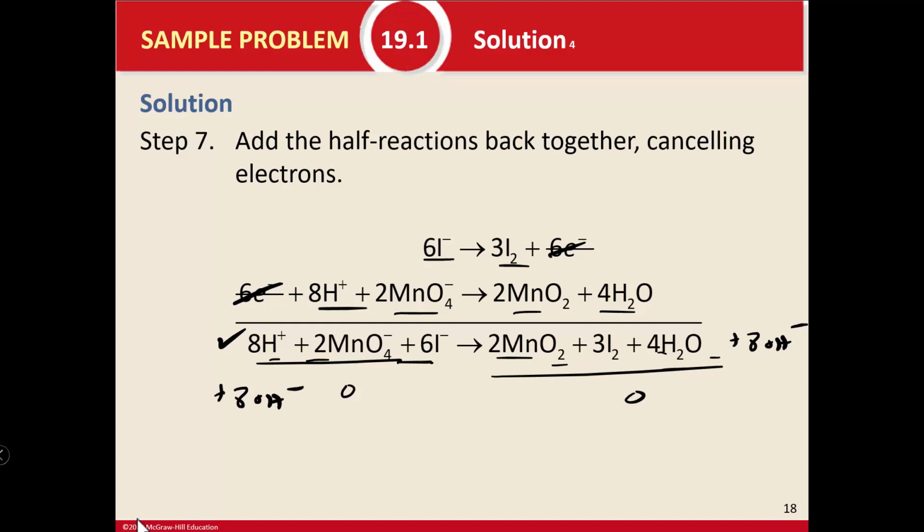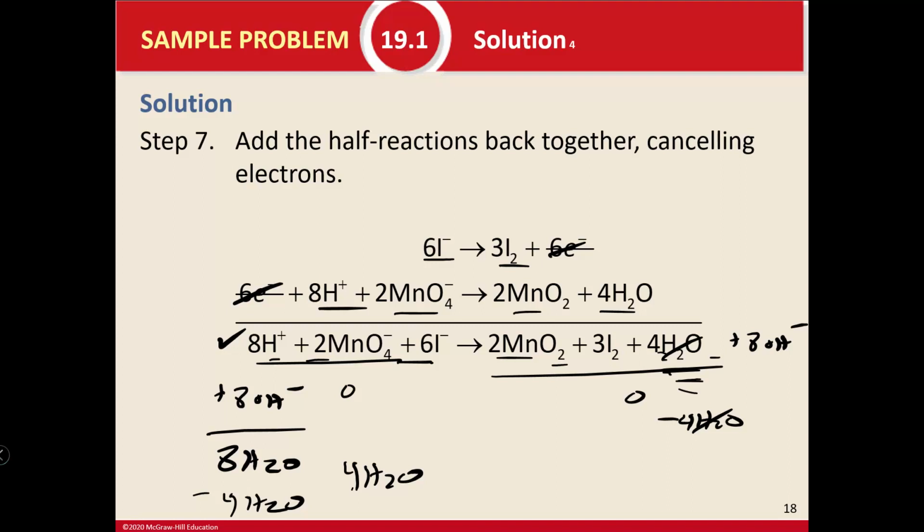So these 8 hydrogen ions and 8 hydroxide ions are going to make 8 waters. And you have 4 waters already on the product side, so you're going to subtract 4 waters from both sides. That cancels those out. You get 4 waters left over here. So 4 waters should be included on the product side.